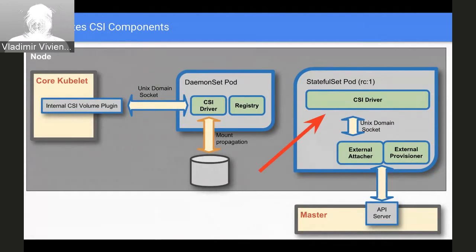I did not go into further detail as far as the actual deployment and design implementation of an actual driver, but hopefully this gives you an idea of the high-level pieces that are involved in creating and using CSI.